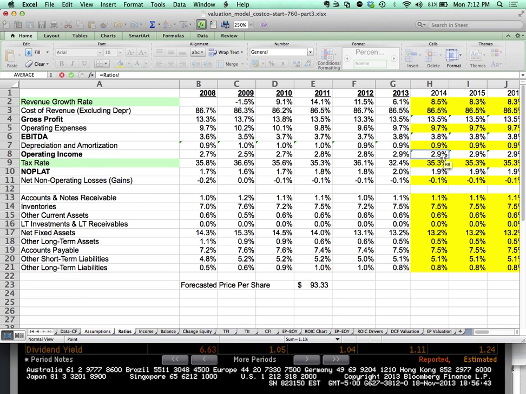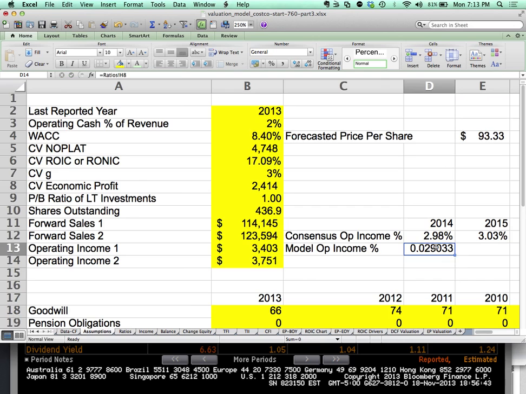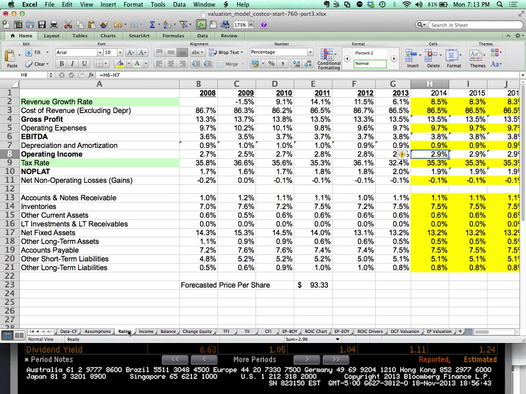I have 2.9 and 2.9. I can make these percentages. So what I have to do is my model's 2.9, my consensus is 2.98. What can I do? How do I get those two to match on the ratio screen? What would you recommend doing?